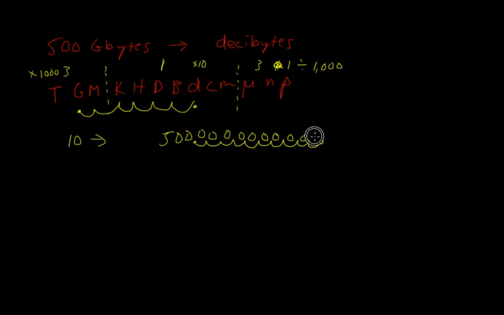So now we put some commas in, so I would put a comma here, a comma here, a comma here, and then another comma here. So that's million, billion, trillion. So it would be 5 trillion. So it's a lot easier to say 500 gigabytes as opposed to 5 trillion decibytes. So that's why they use the nomenclature giga.